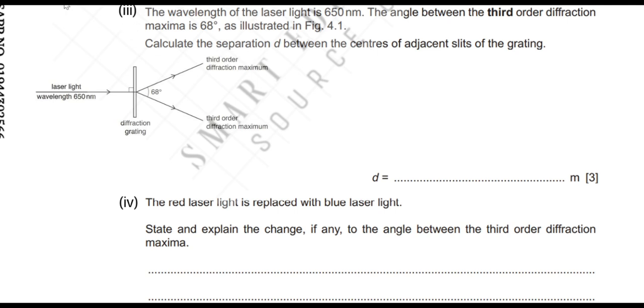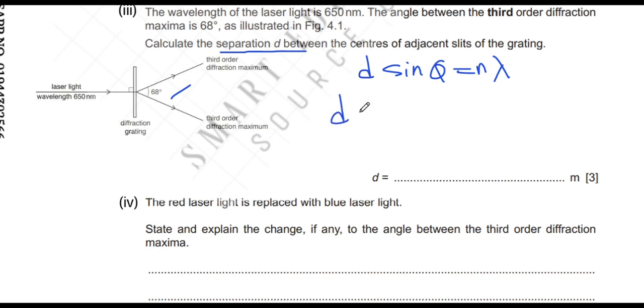Next question is about finding out the separation D between the centers of the adjacent slits, and the angle is given. So the formula that works with this is D sine theta equals n lambda.